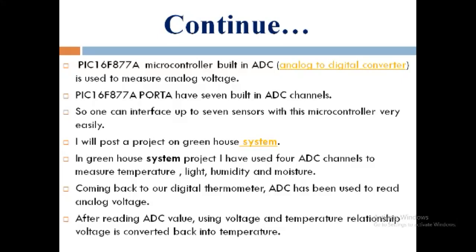Suppose I will post a project on a greenhouse system. In the greenhouse system project, I have used 4 ADC channels to measure temperature, light, humidity and moisture. Then coming back to our digital thermometer, ADC has been used to read the analog voltage.